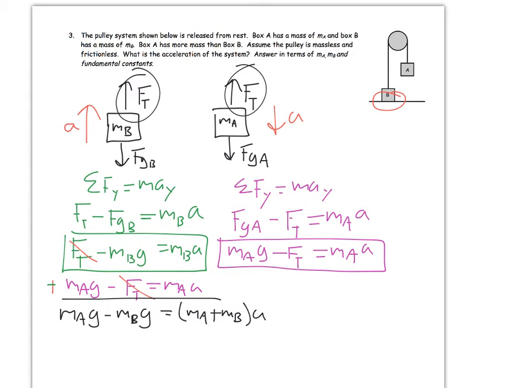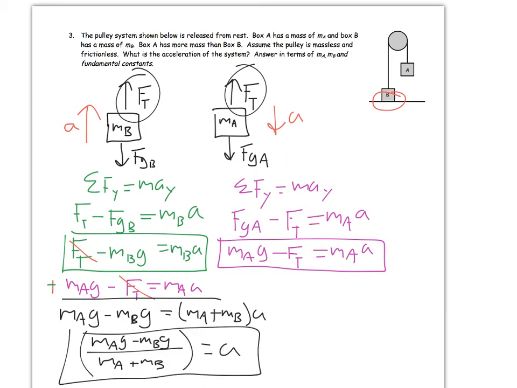Okay, and I can go ahead then and solve for that acceleration by dividing both sides by ma plus mb. So I'm left with mag minus mbg all over ma plus mb. Okay, and that's going to be equal to my acceleration.